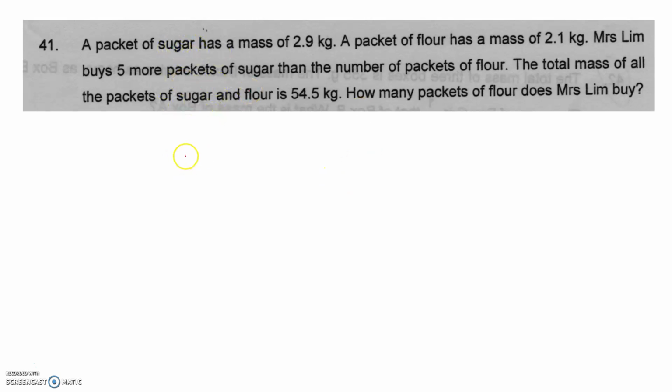I have sugar, and I have flour. Now this is the number of packets. Flour. Now 5 more packets of sugar. So this is sugar. I have 5 more packets here.